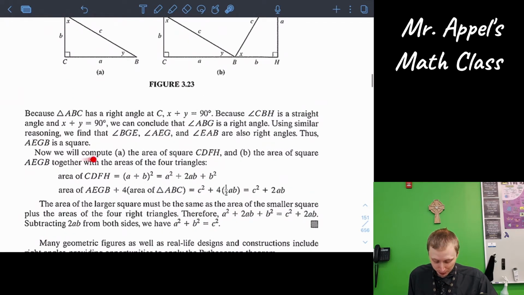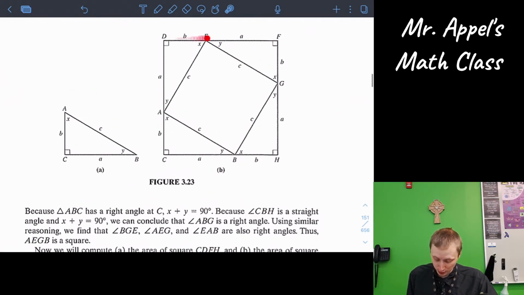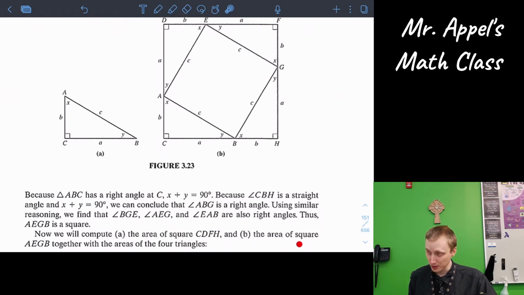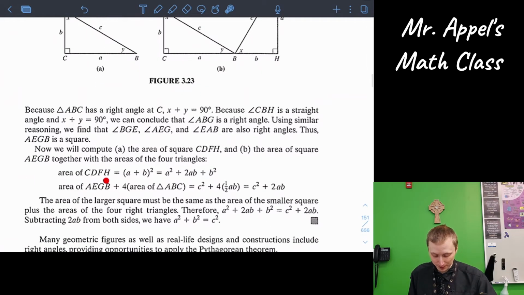Now, we will compute a, the area of square CDFH. CDFH is the largest one on the outside. And b, the area of square AEGB. That's the smaller one inside there, that tilted one, together with the areas of the 4 triangles. So CDFH would be a plus b, so the total length of the side squared.